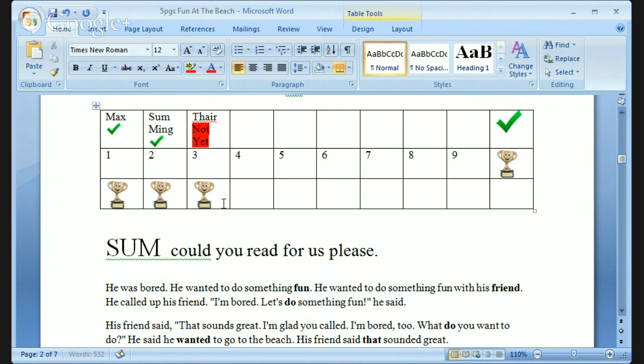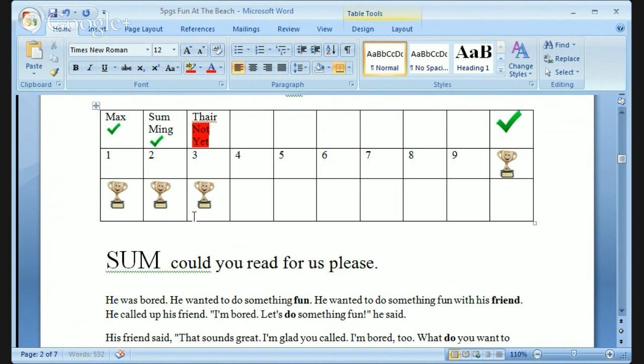Now, my question will be to Max and Sung Ming. Do you think that you now understand this story 100% or 80%? I think 100%. Okay, I think it's 100% for Max.